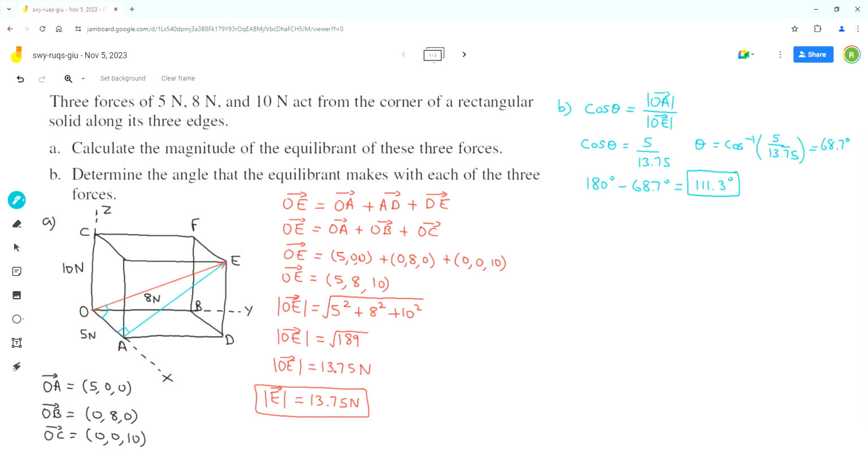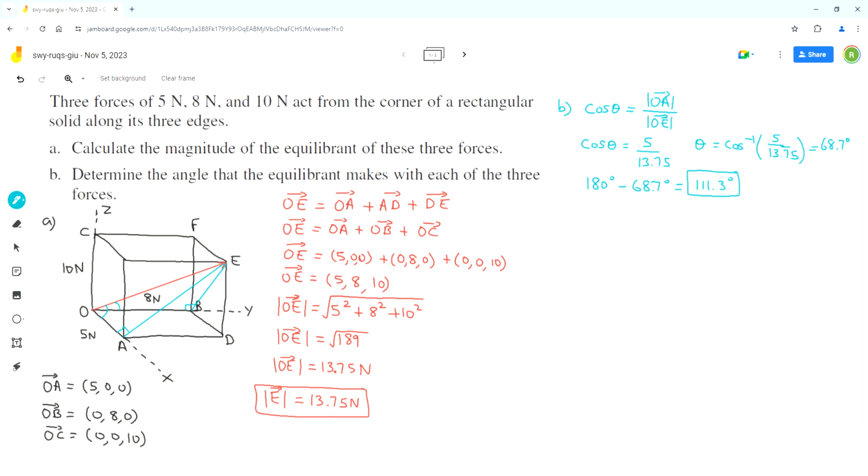Now we can do the analysis for the other force acting along the edge OB. So for that, we should analyze the triangle OBE. And this is a right angle triangle with a right angle at corner B. And we have to find angle EOB, the angle between the force acting along the edge OB and the resultant OE.